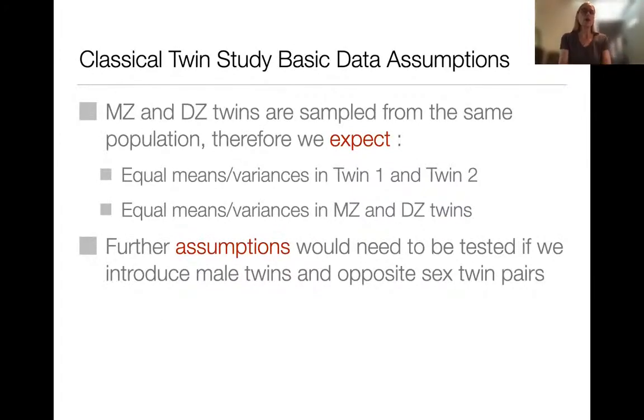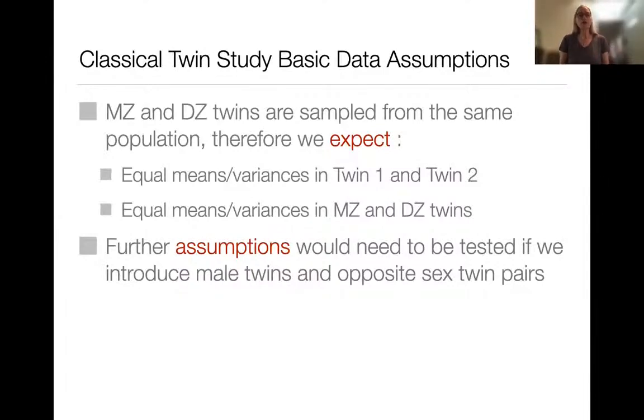Now, in addition, there are some basic data assumptions associated with the classical twin study. We assume that monozygotic and dizygotic twins are sampled from the same population. Therefore, we expect equal means and equal variances in twin 1 and twin 2, which are supposed to be randomly assigned.